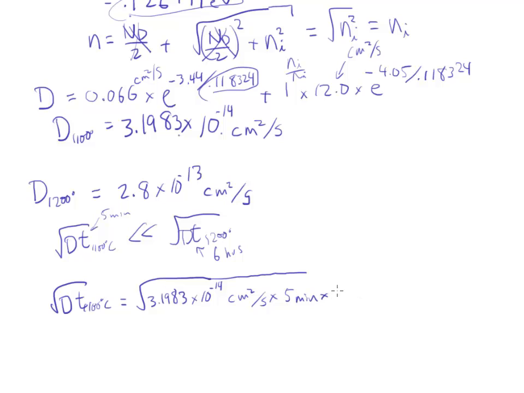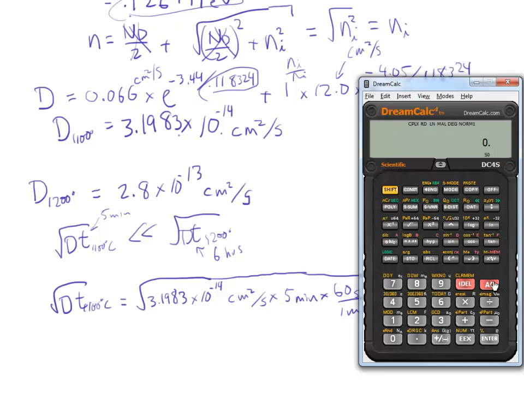But you have to convert to seconds to get the seconds to cancel, so there are 60 seconds in 1 minute, and I multiply by 60, which is the same as 300. Let's take a look at the calculator for that one.